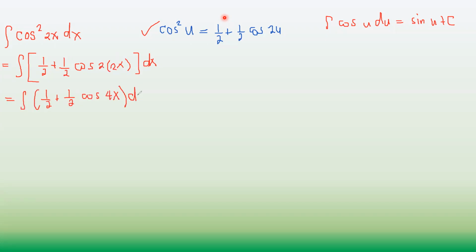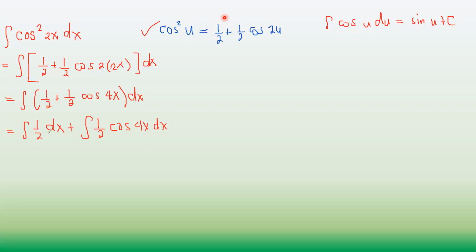So yan ay sum of two functions. Paghihiwalayin mo ngayon from our basic formula. We will have integral of 1 half dx, plus the integral of 1 half cosine 4x dx.